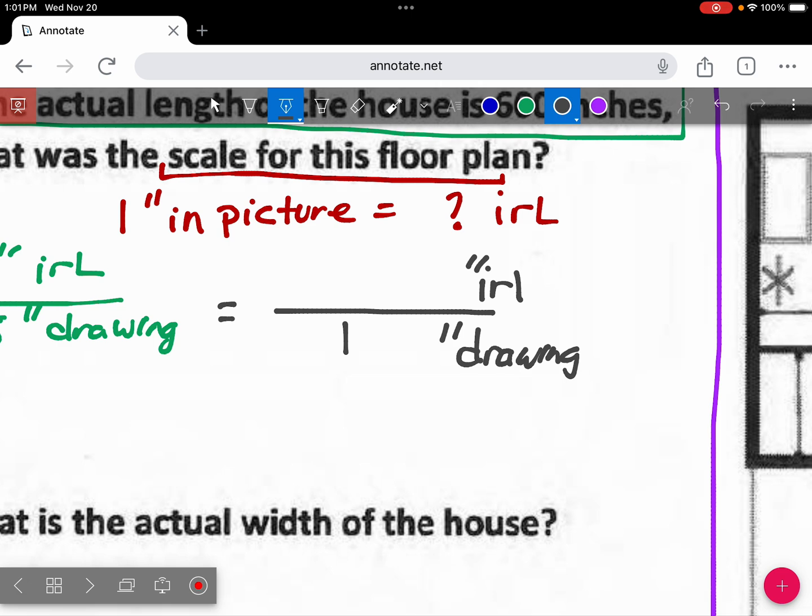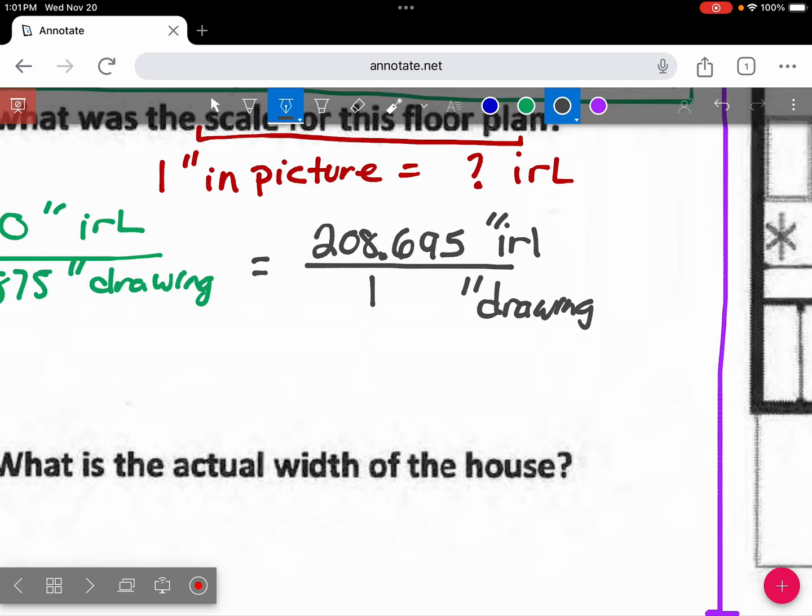What is 600 divided by our 2.875? 208.695. So every 1 inch of drawing stands for 208.695 inches.